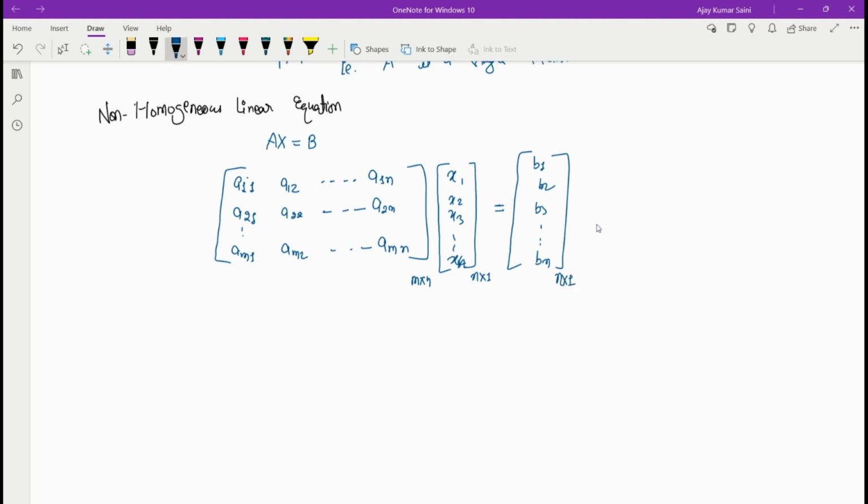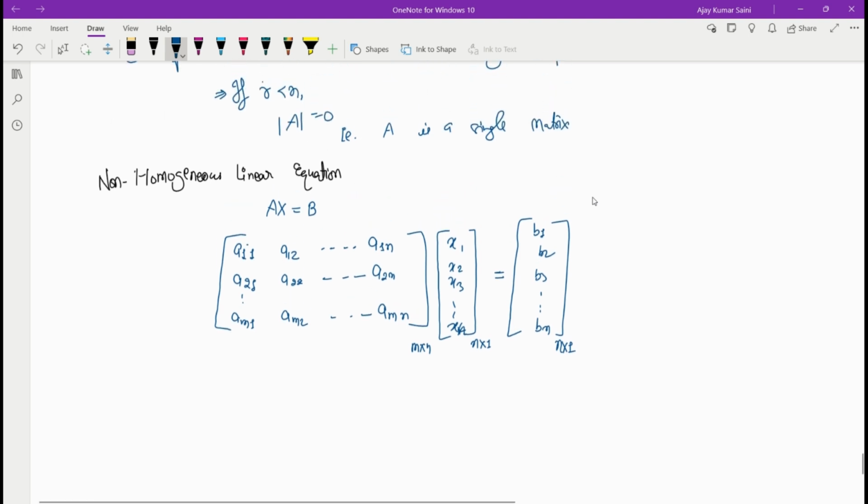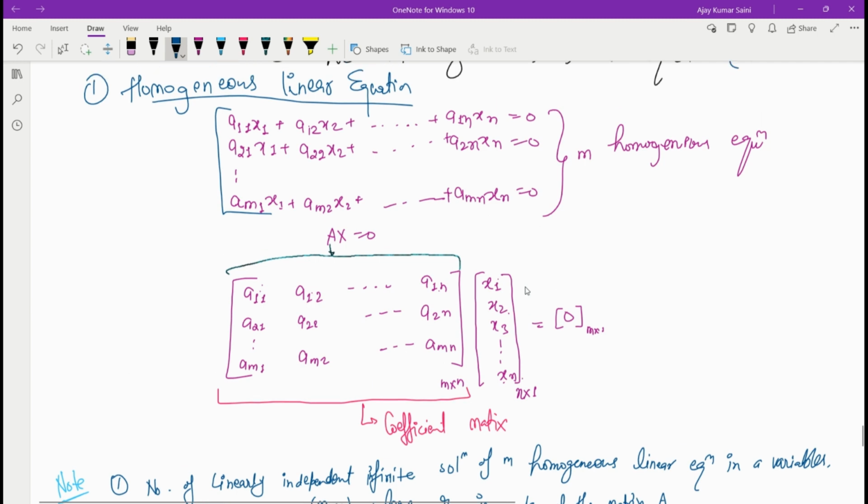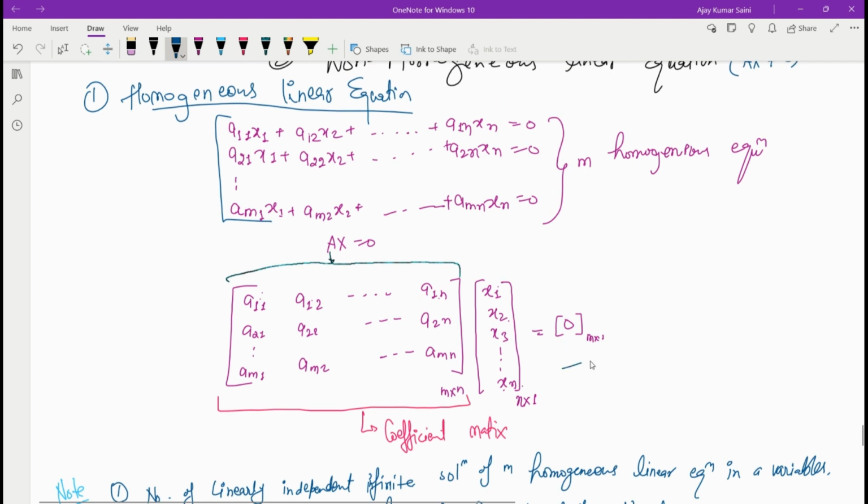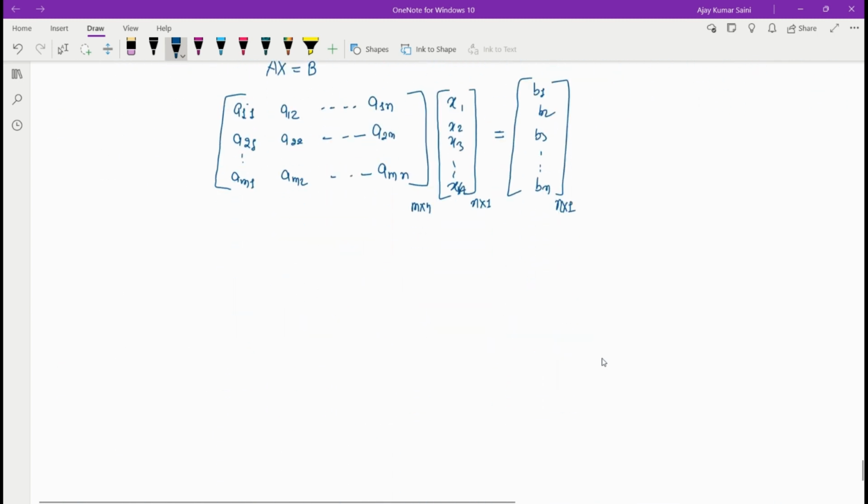The difference between homogeneous and non-homogeneous is that here we take the matrix b, and there it is equal to 0.